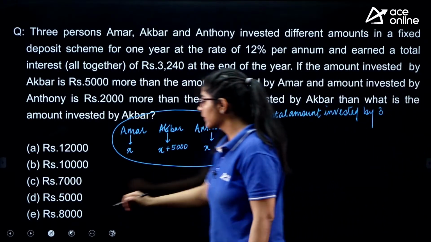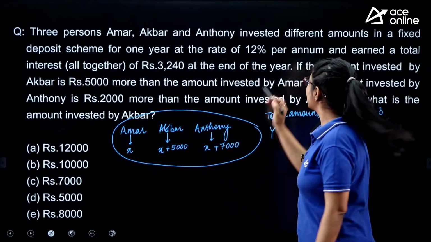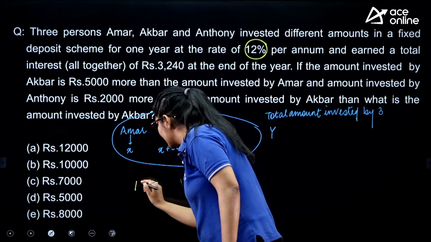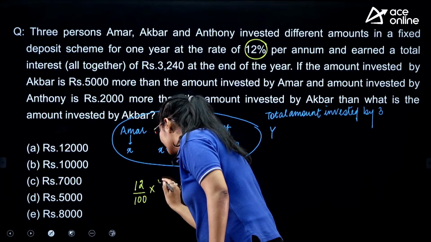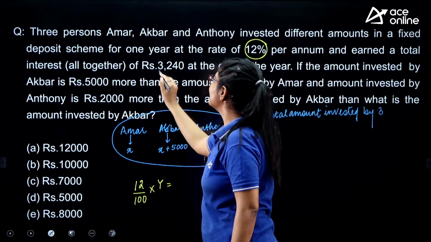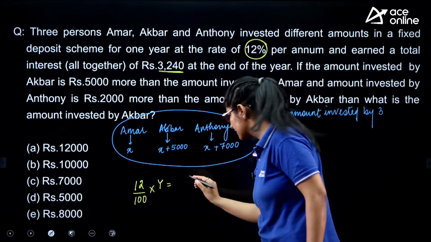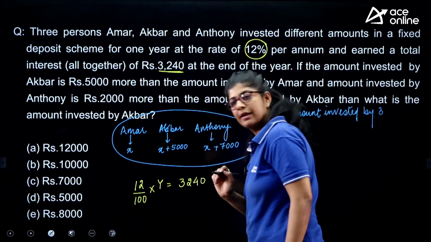According to the question, the interest they are getting is at 12%. That means 12% on Y is equal to what they are getting as interest, that is 3,240.